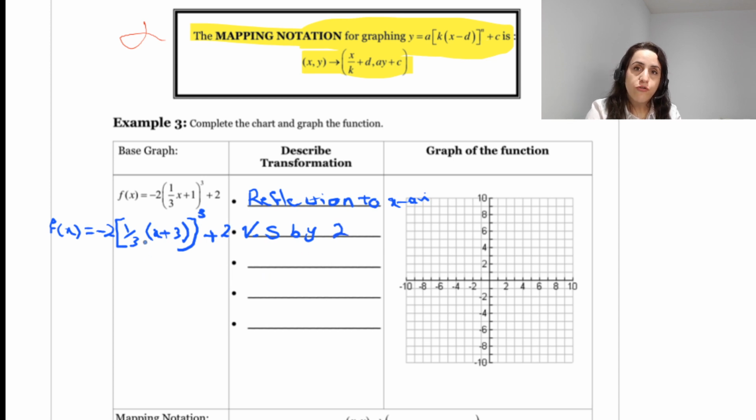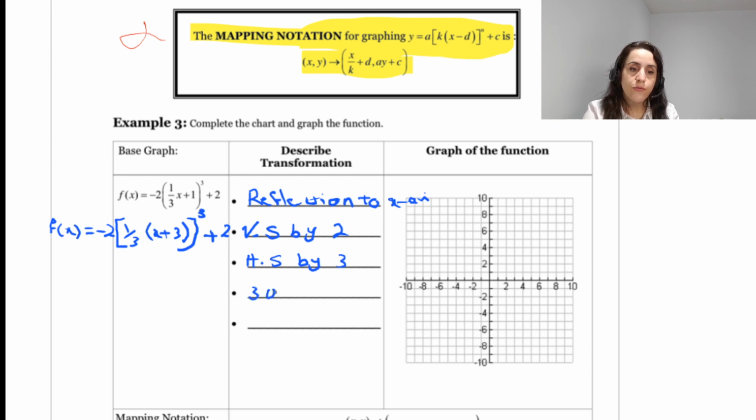How about the 1 over 3, what is it saying here? Because the x is doing the opposite, it's going to be a horizontal stretch by a factor of 3.